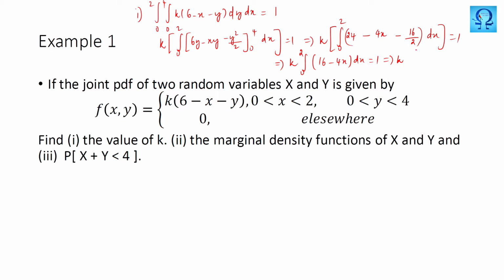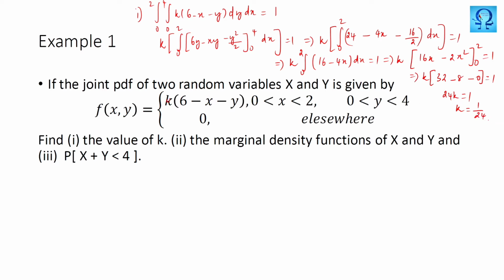Therefore, k times (16x minus 4x squared upon 2, that is 2x squared) over the limit 0 to 2 equals 1. Therefore, k times (32 minus 8) equals 1, so 24k is 1. Therefore, k is 1 upon 24.